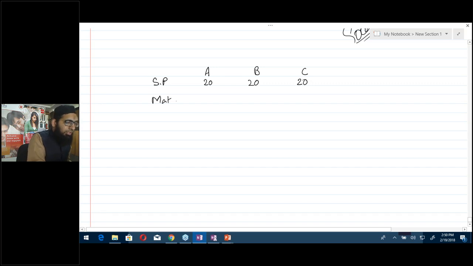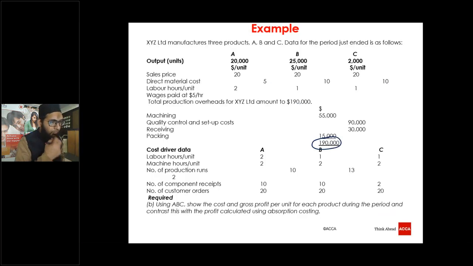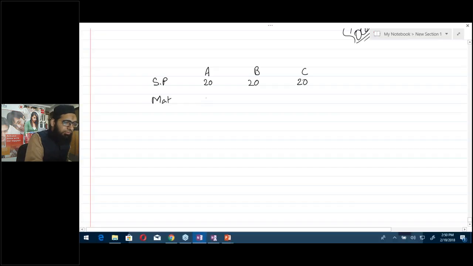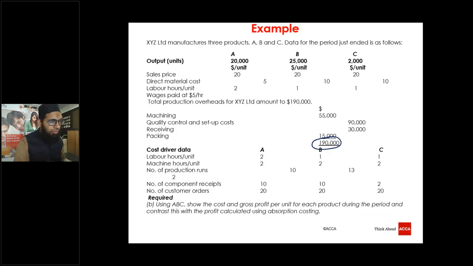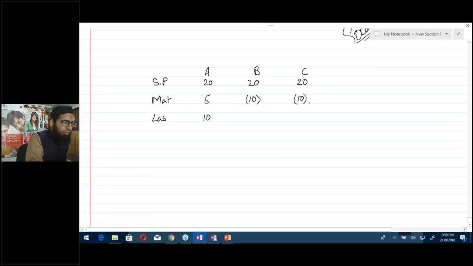Material cost is 5 for A and 10 for B and C. The labor cost is 2 into 5, that is $10 for A, and it is 5 for B and 5 for C.